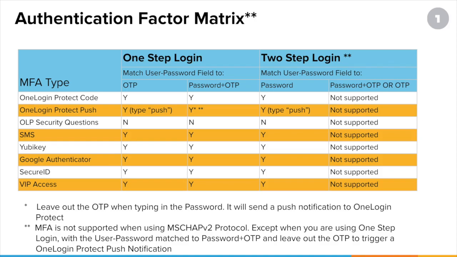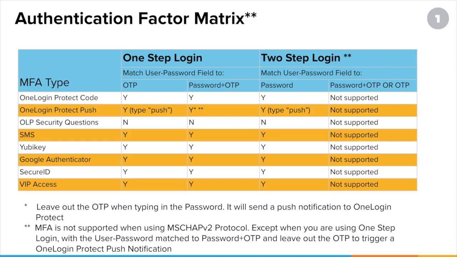So when prompted, type in username and then type in password in the password box, leaving that OTP portion of what is required blank, thus triggering a push notification from OneLogin Protect.